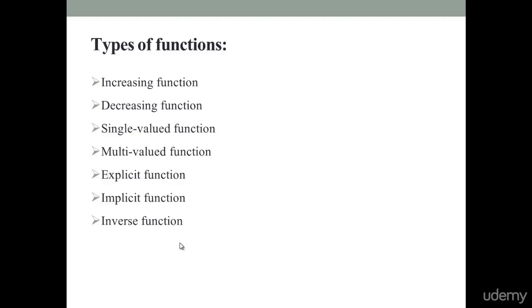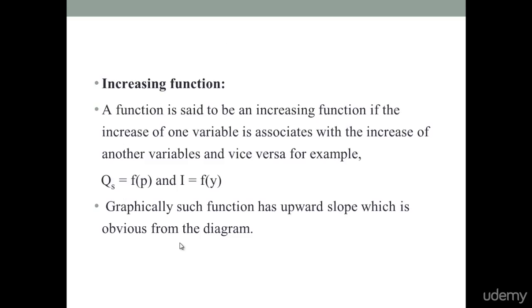Okay. Now we discuss the types of function: increasing function, decreasing function, single valued function, multi-valued function, explicit function, implicit function, and inverse function. What is an increasing function? A function is said to be an increasing function if the increase of one variable is associated with the increase of another variable and vice versa.